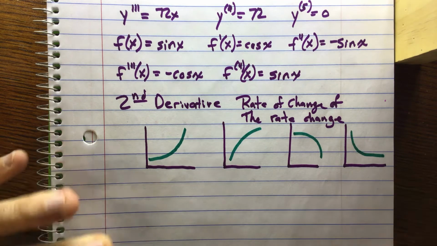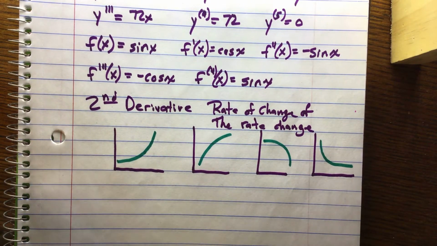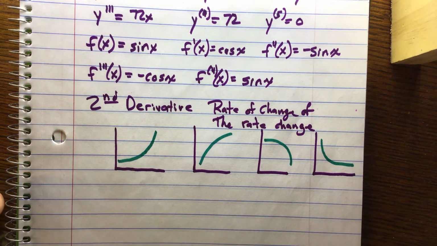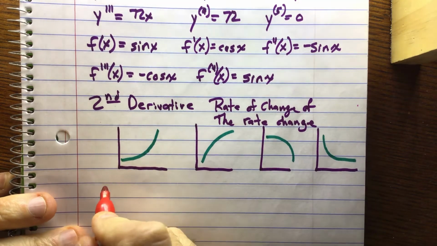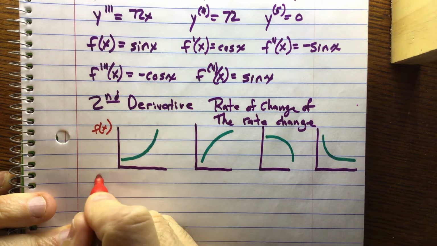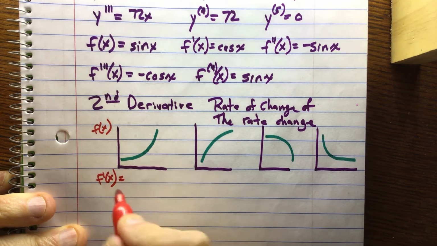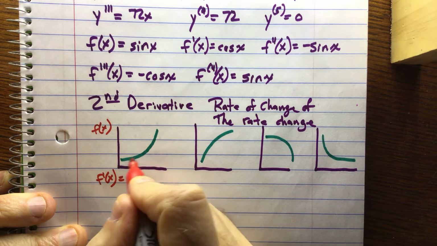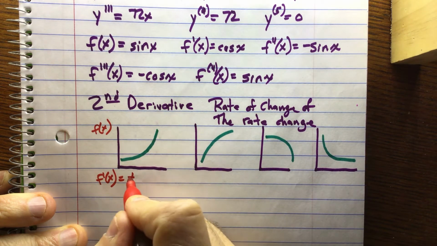Let me make sure you're still seeing this in the video. Okay. In the first two examples, the slopes are positive. And when you say slope, you're saying the derivative. So if these represent f of x, f prime of x, meaning its derivative, in this case the slope everywhere is positive because this thing is increasing. So the derivative is positive.